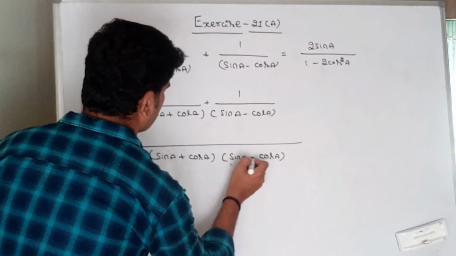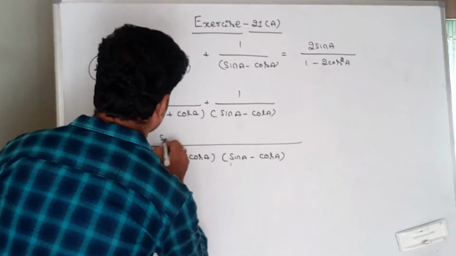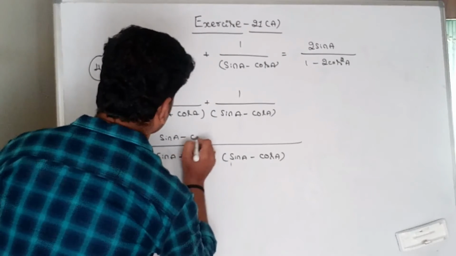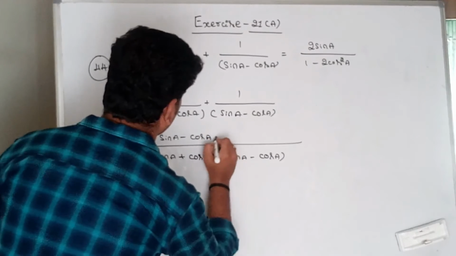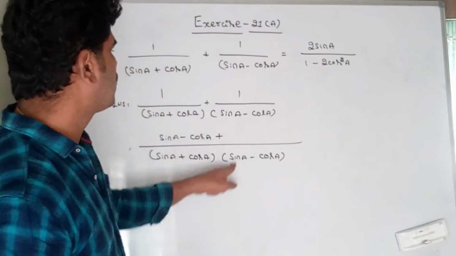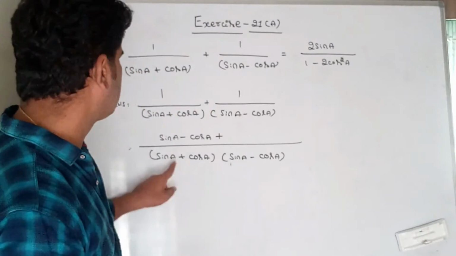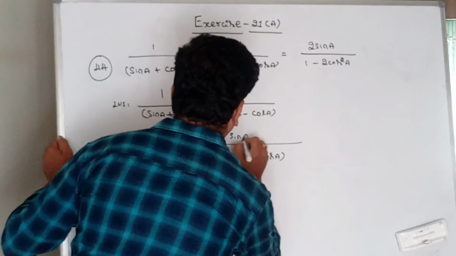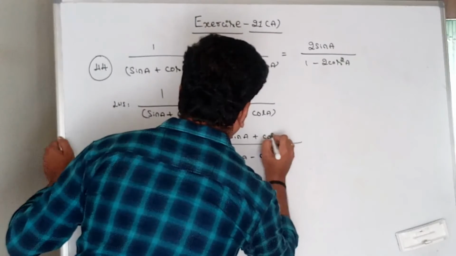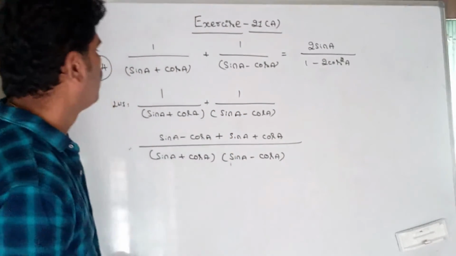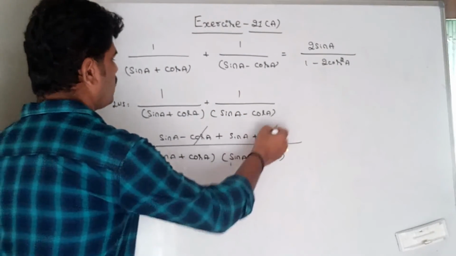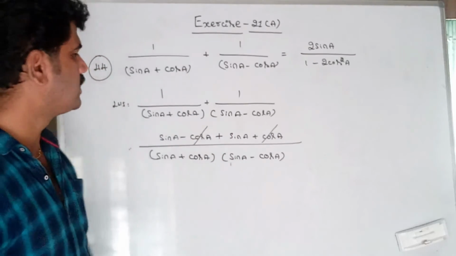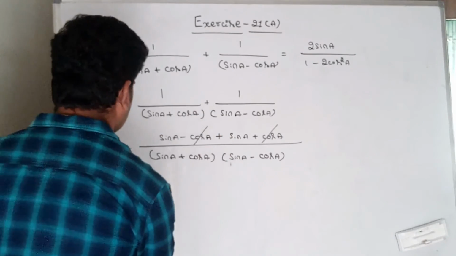Then (sin A minus cos A) into 1 is sin A minus cos A. Then (sin A plus cos A) into 1 is sin A plus cos A. Now plus cos A and minus cos A get cancelled. Then sin A plus sin A is what?